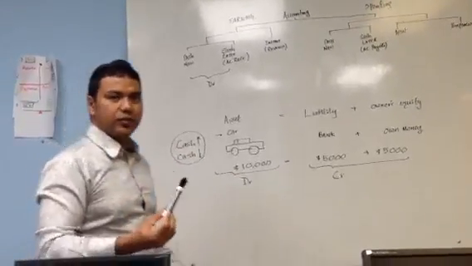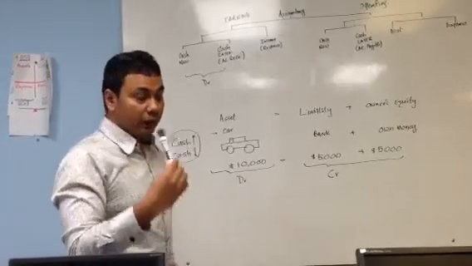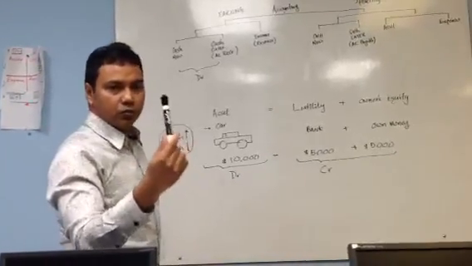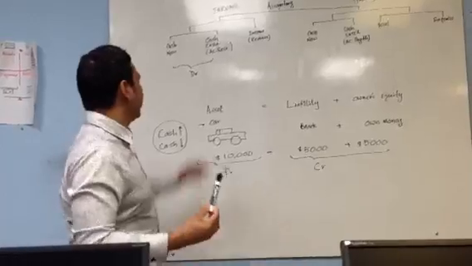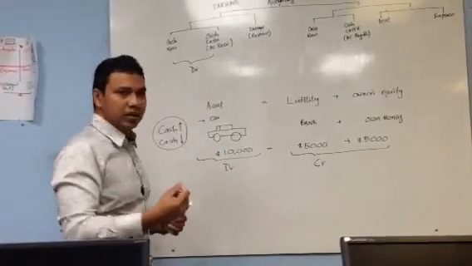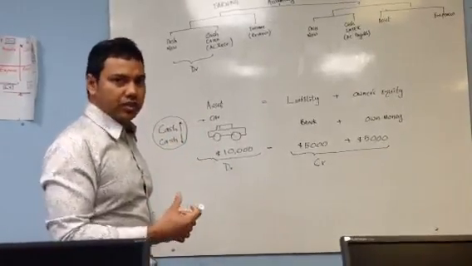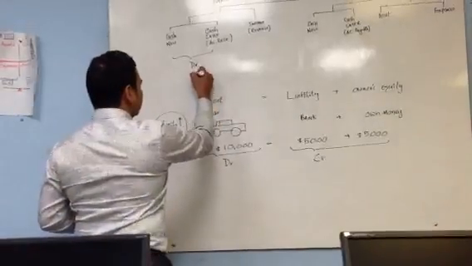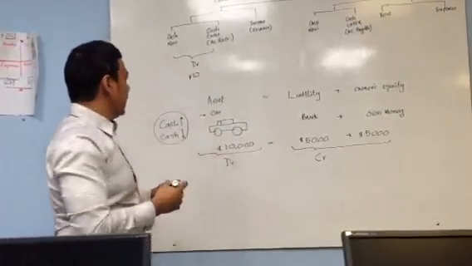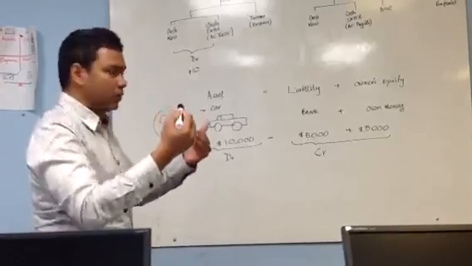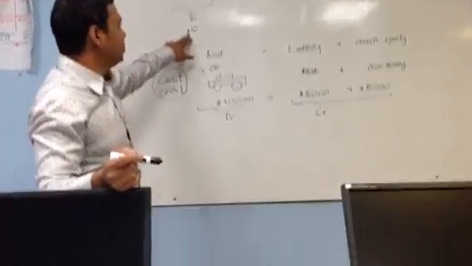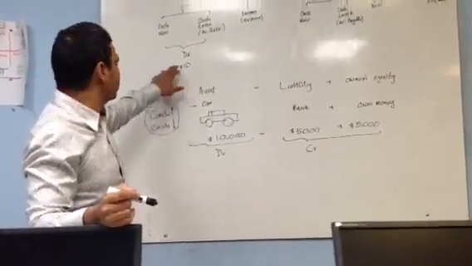Earlier I took the example of buying and selling. I'm in the business of pens. When I sell a pen which is worth $10, I get the cash from the customer, which is $10, right? So because the cash goes up in my account, I debit my cash account, right?